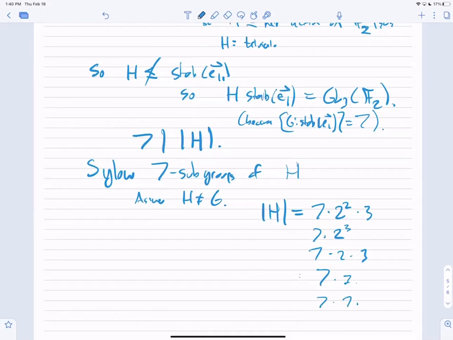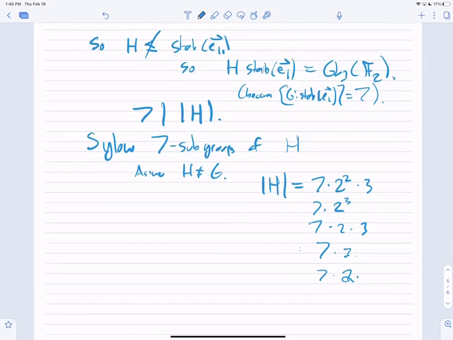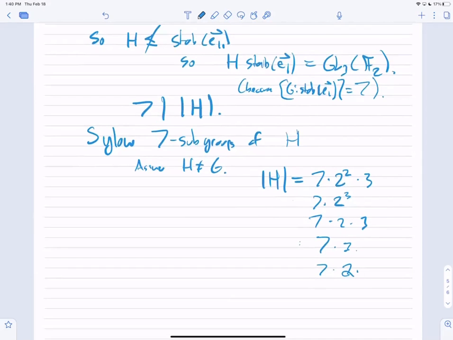Hopefully I hit everything. If I didn't, just extend the argument I'm about to say, it will still work. Or it could be 7.